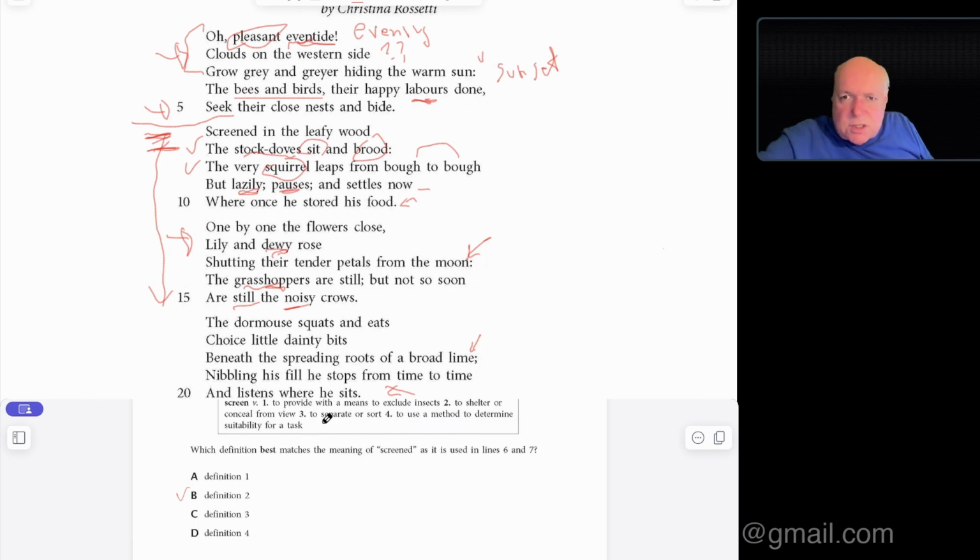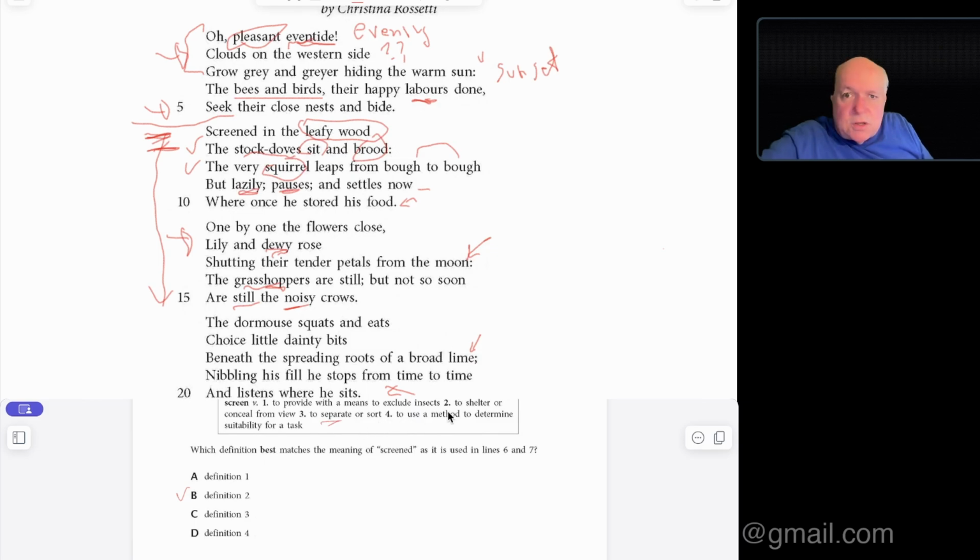Third, to separate or sort. So the dove is being separated, wherever it ends up sleeping, in a birdhouse, on a branch of a tree, whatever the case may be. But it says screened in the leafy wood, so the dove is trying to get the protection of this leafy wood area. So it's not just separating.